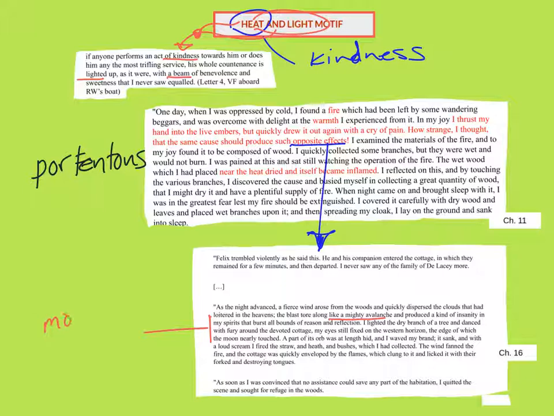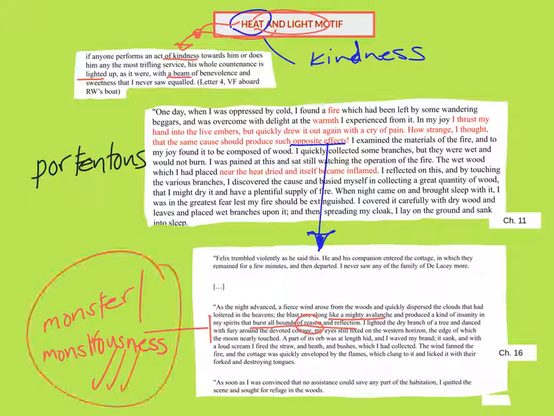Okay, so I think this is a key moment here in the transition from creature to monster, because nature and the lack of kindness results in all bounds of reason, the thing that supposedly separates man from the beasts, man from monster, being destroyed here and removed. And then the creature resorts to fire.